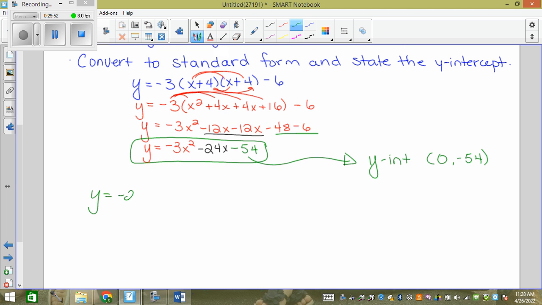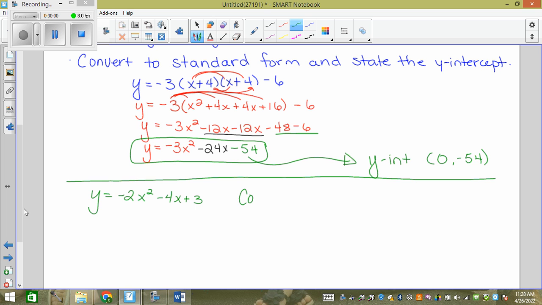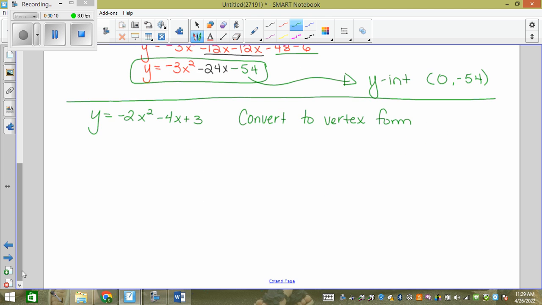y equals -2x squared minus 4x plus 3. What am I going to want you to do? Convert to vertex form, which means you have to complete the square. It's the plus the blank minus the blank. You're doing that.